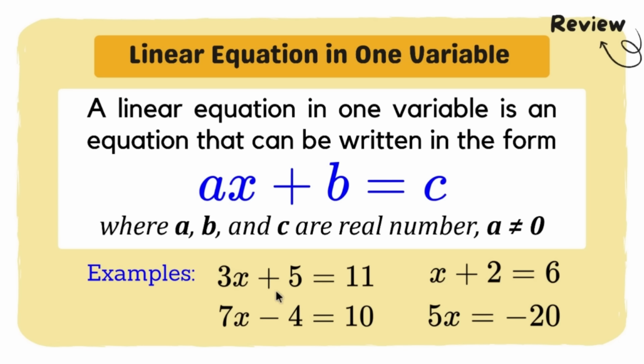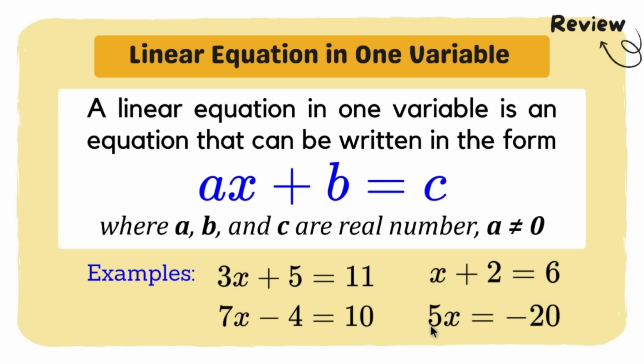Examples are 3x plus 5 is equal to 11. Ano pa po? 7x minus 4 is equal to 10. We also have here x plus 2 is equal to 6. You might be wondering, asan po yung a natin dito? So yung a natin dito is just 1. So hindi na po natin kailangang isulat yung numerical coefficient. Here we also have 5x is equal to negative 20. Wala po tayong b.